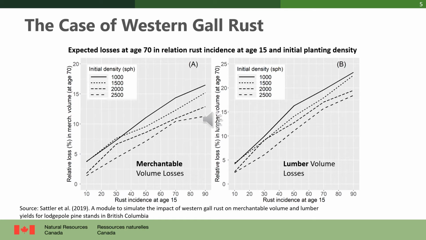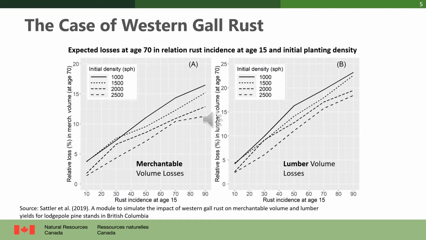Again, focusing on Western gall rust, the current figure shows the expected relative loss in merchantable volume and lumber volume at a harvest age of 70 years. On the x-axis, we have the rust incidence level at age 15. The figure on the left shows the relative loss in merchantable volume for 4 initial planting densities, shown in the legend.